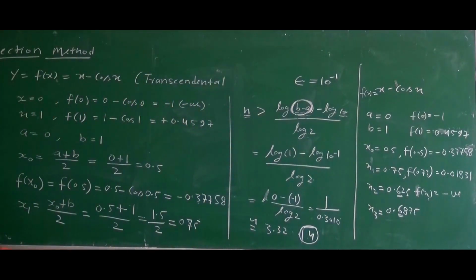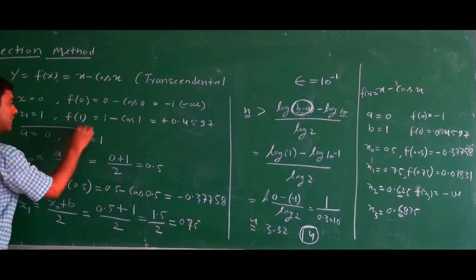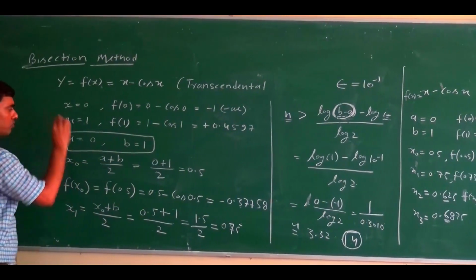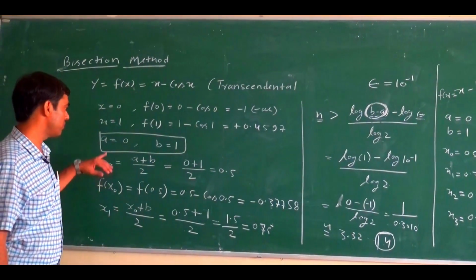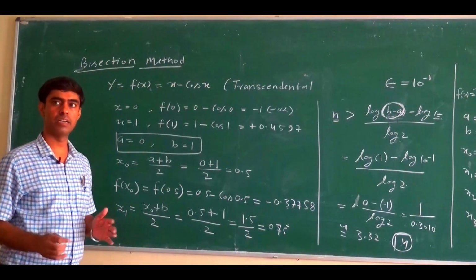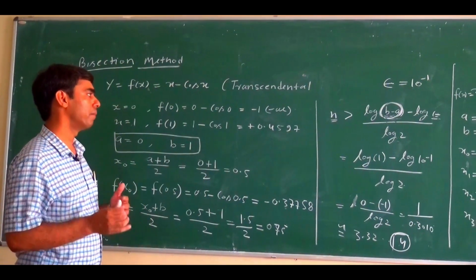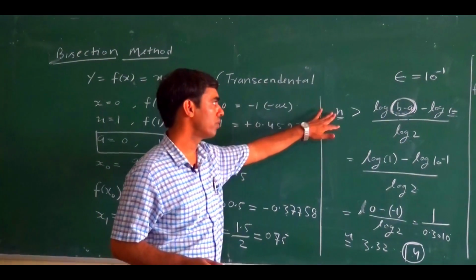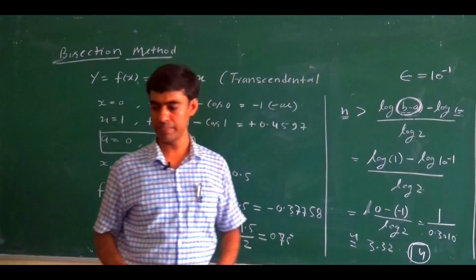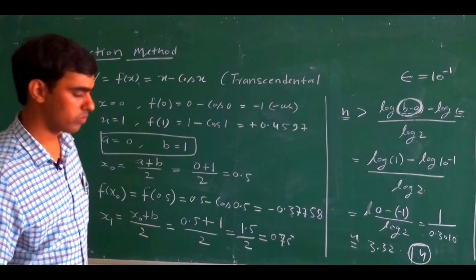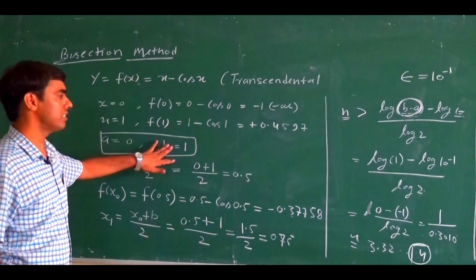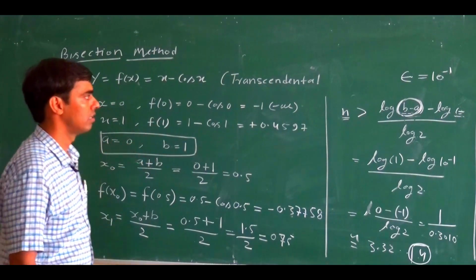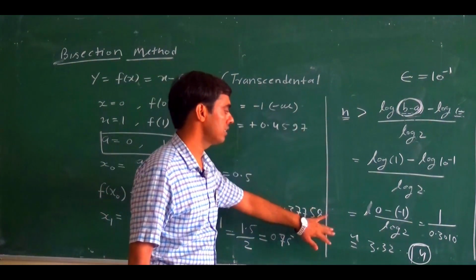So what is our aim? Our aim is to find values of a and b whose difference is minimum. In this way, we are able to minimize our number of iterations. As a and b are far apart, the number of iterations is large.